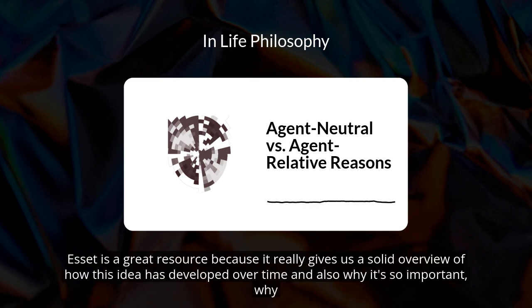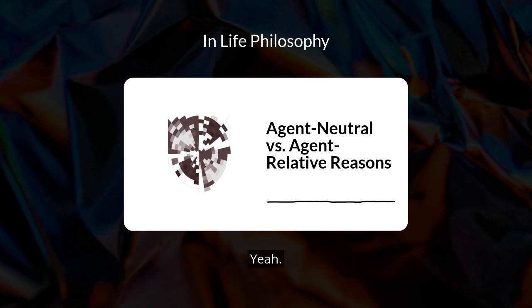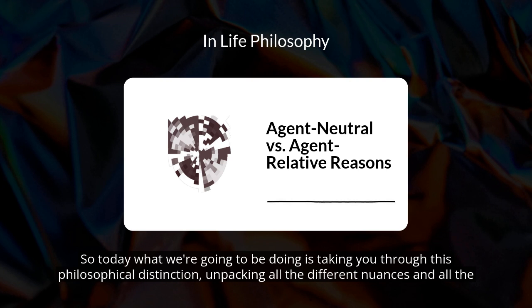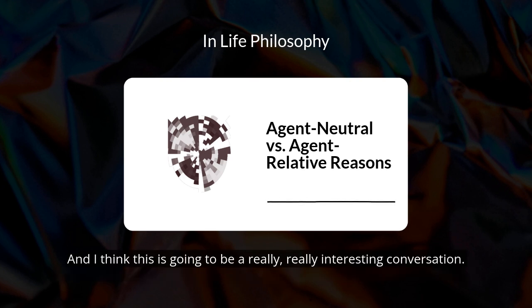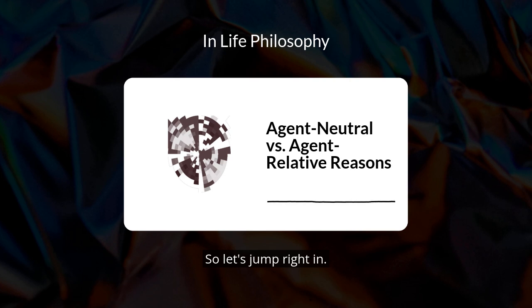This essay gives us a solid overview of how this idea has developed over time, and also why it's so important, why philosophers keep coming back to this. Today we're going to take you through this philosophical distinction, unpacking all the nuances and arguments. I think this is going to be a really interesting conversation. So let's jump right in.